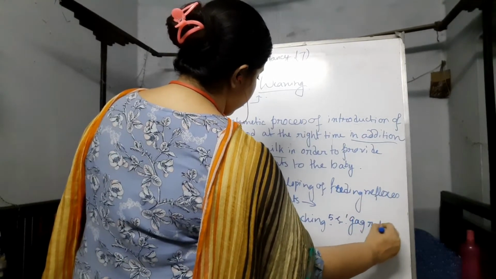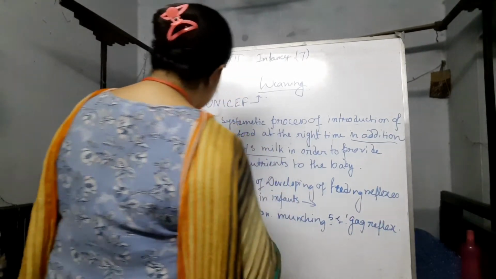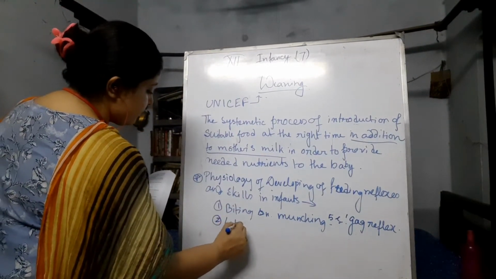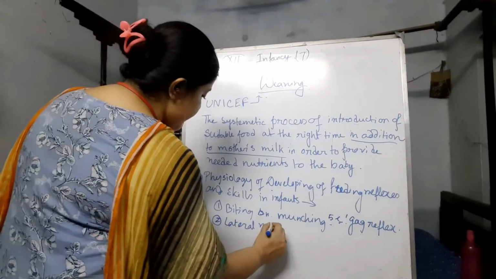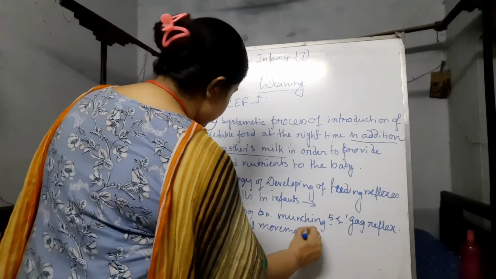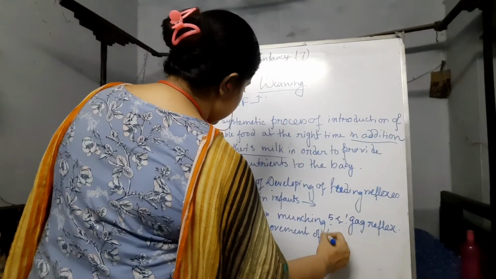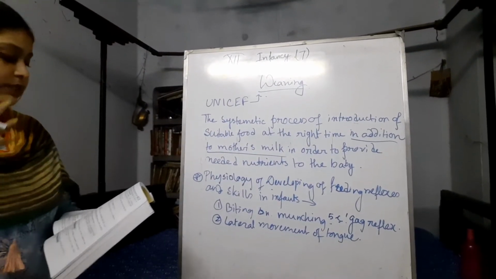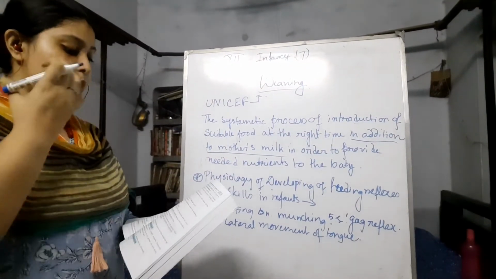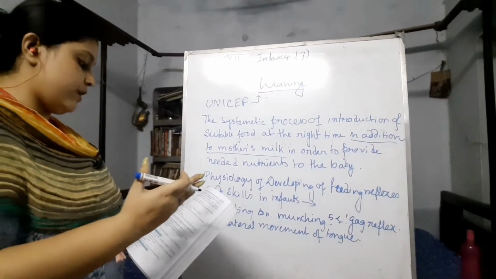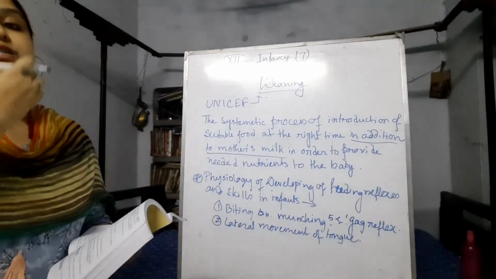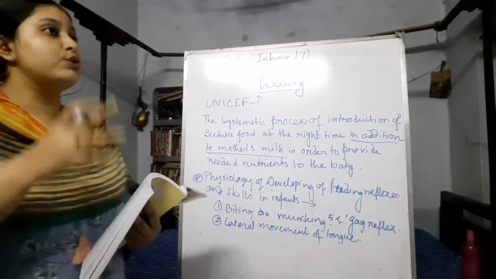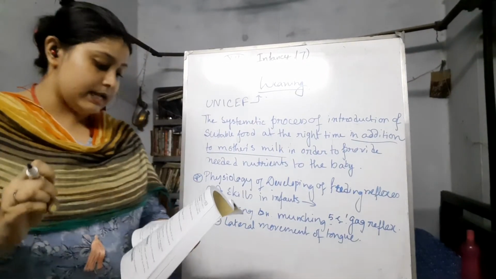Next is the lateral movement of the tongue, which moves food to the molars. With molar development by 8 to 12 months, fully rotatory chewing is produced after that, so they are able to chew the food properly in that period.